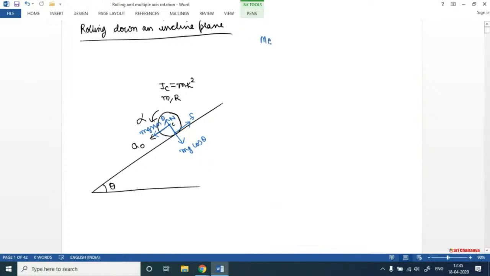So method number one, we will be assuming CTRM, combined translational and rotational motion. So we are required to write the equation of force. The equation of force down the incline would be nothing but mg sine theta minus f is equal to m times a naught. So that is our equation number one.